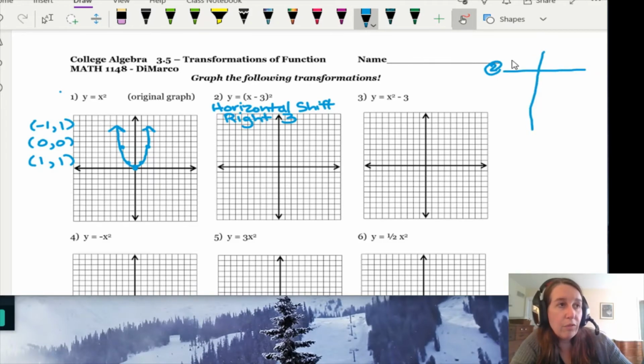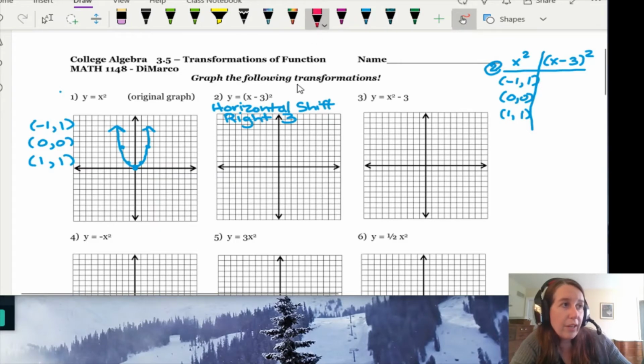Okay, so we're going to do our points. We first have our original. This is just y equals x squared. This one's going to be x minus 3 squared. So our original points are -1, 1, 0, 0, and 1, 1. Our new points, we need to add 3 to each x value.